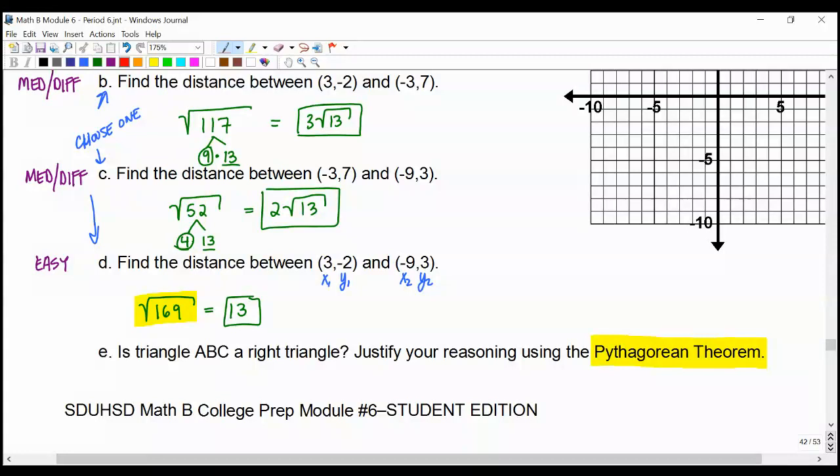Okay. Pythagorean theorem states a squared plus b squared equals c squared. And we're going to plug these in. So I'm going to have the first one be a. I'm going to have the second one be b. And I'm going to have the third one, like we said, be c.